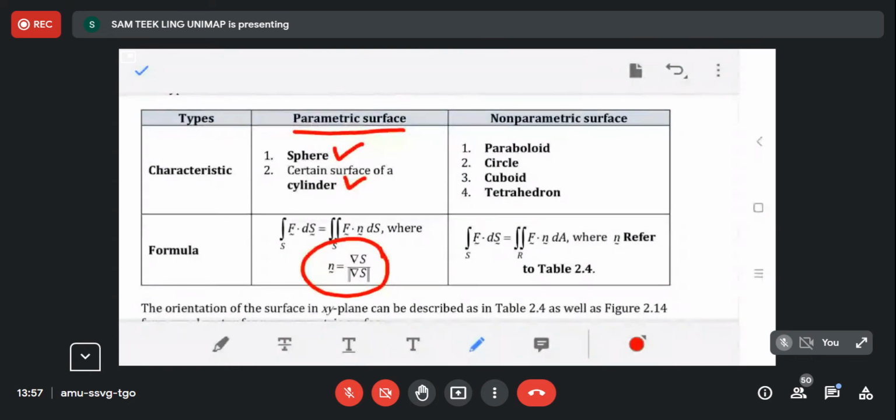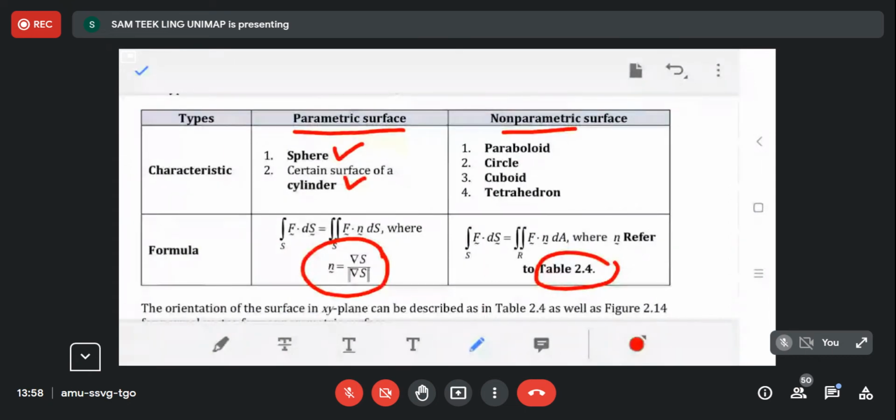N equals del S divided by magnitude of del S. This is the first one, your N. If your picture is non-parametric, which is paraboloid, cube, tetrahedron, we refer to table 2.4.